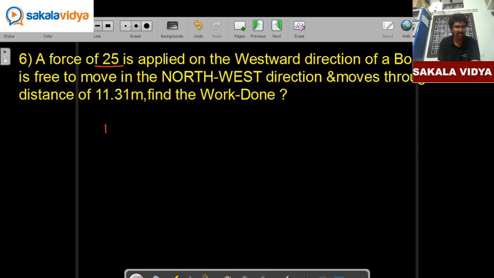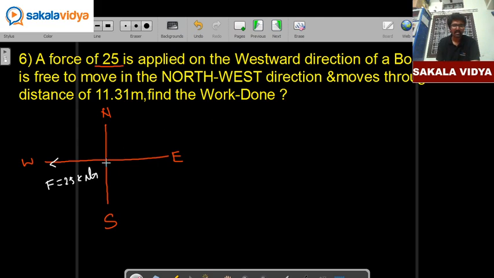Okay, now let us draw. This is east, this is our west, this is our north, and this is our south. So according to our question, a force of 25 kilonewtons is applied westward. Somewhere here a boat is placed, on which the force acts in the westward direction, and it is free to move in the northwest direction.